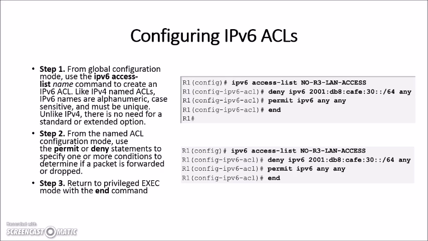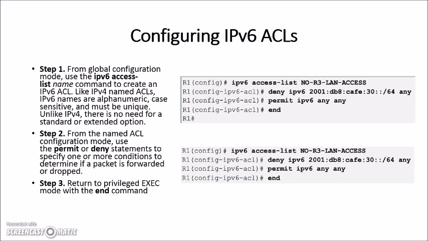For step 2, from the named ACL configuration mode, use the permit or deny statements to specify one or more conditions to determine if a packet is forwarded or dropped. For the last step, return to privileged EXEC mode with the end command.